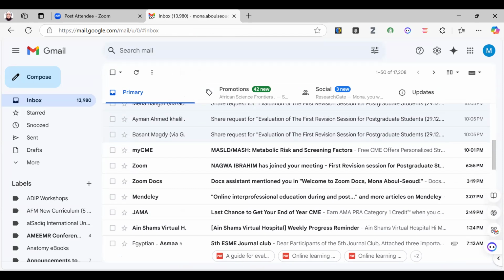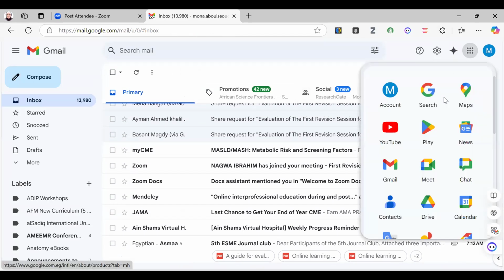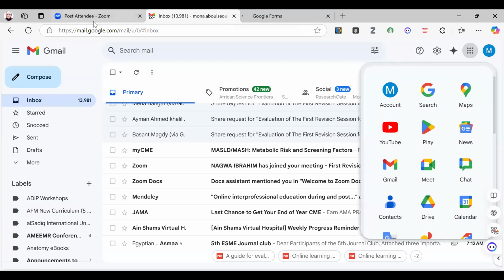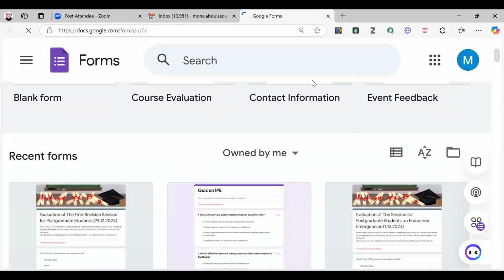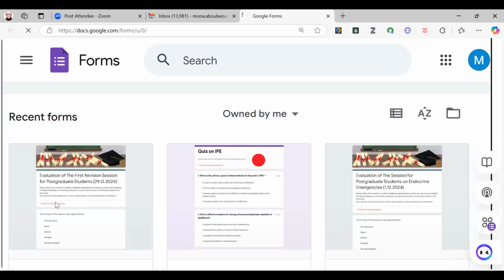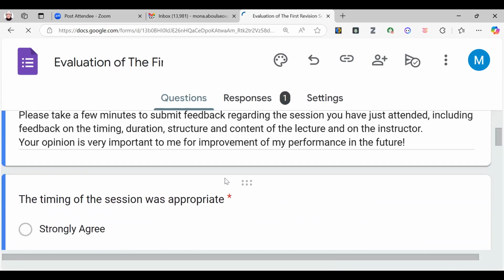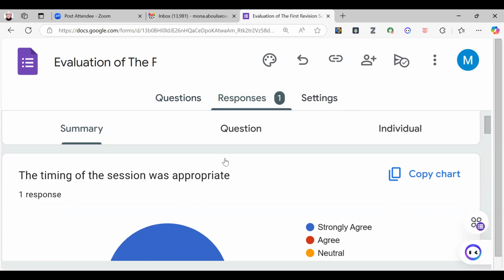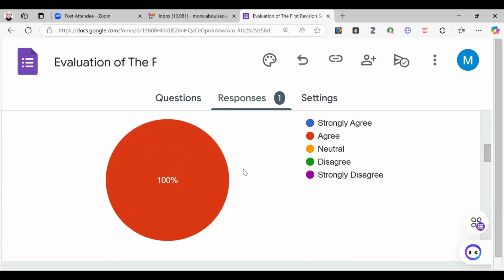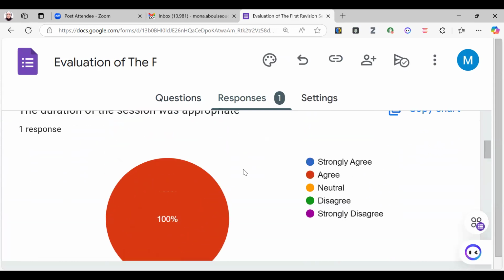Okay. Can you see my screen? Where is the Google form? It disappeared. Yeah, this one. So till now, I have only one response. Can you see my screen?